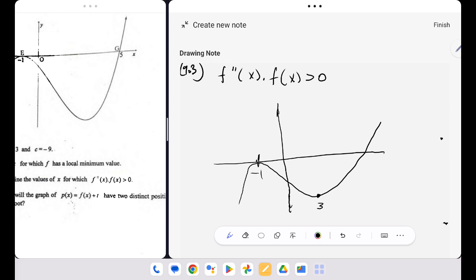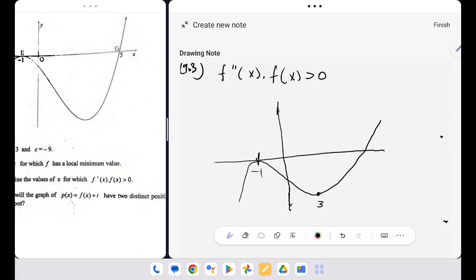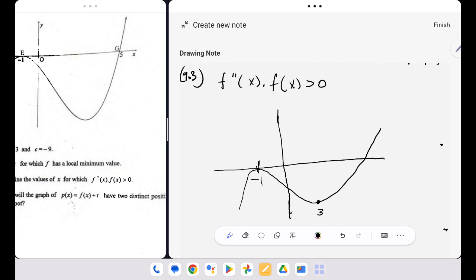They want us to find the values of x for which f double prime of x multiplied by f prime of x will be greater than 0. So in this case, I am multiplying two things and my answer is greater than 0, or positive.